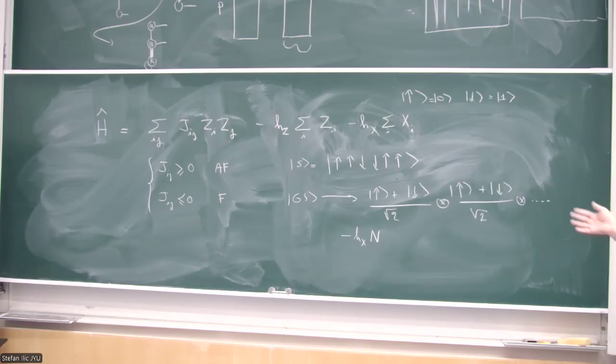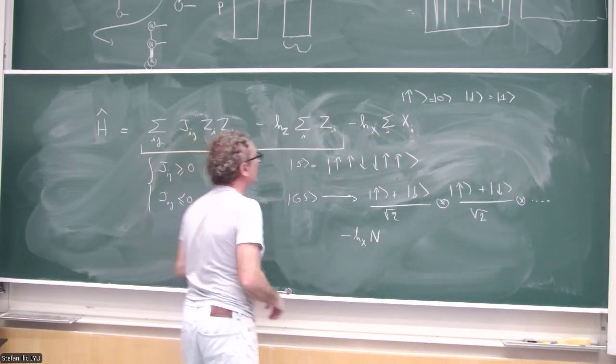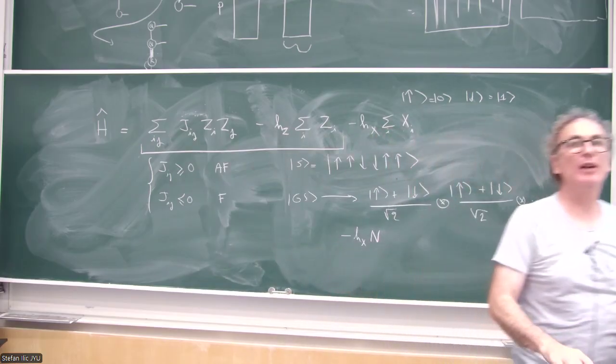Here, quantum annealing is the same thing, but now you just switch off the transverse field. Why are some people interested in that? Because finding the ground state of this guy is hard. As soon as you have frustration.